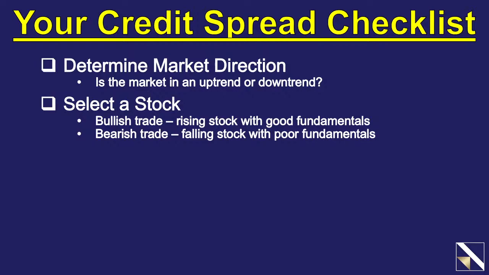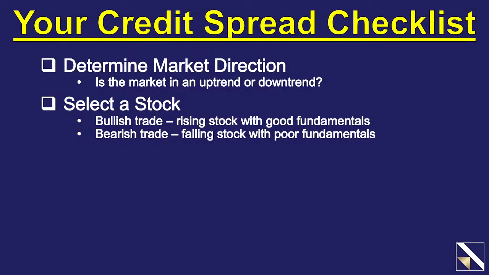Now here at VectorVest, we've got a lot of great prudent searches. If you just hang out in that prudent folder or the retirement folder, you're going to come up with a lot of great looking stocks that you'd probably want to buy. But for us, we use the same type of searches to find stocks to do bullish trades on. So part two is to select a stock.